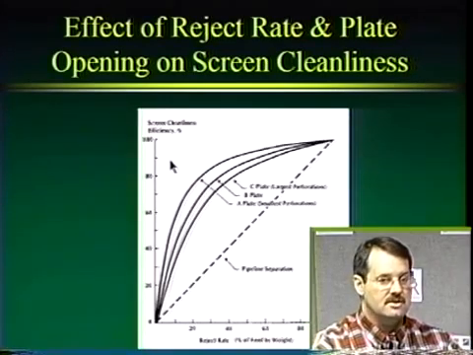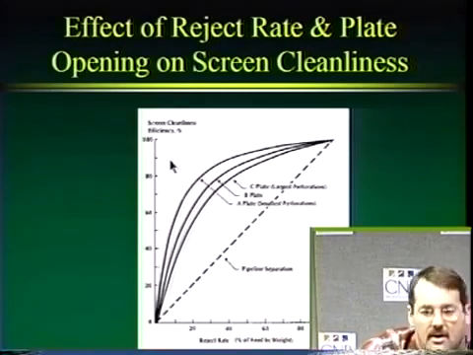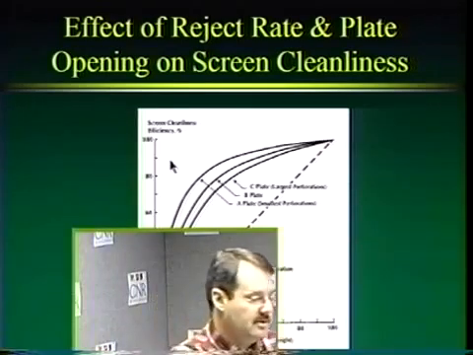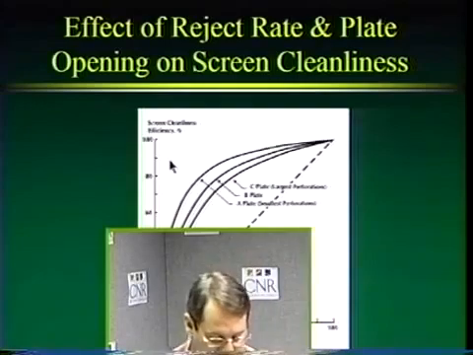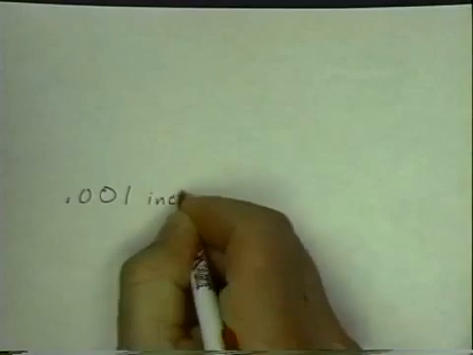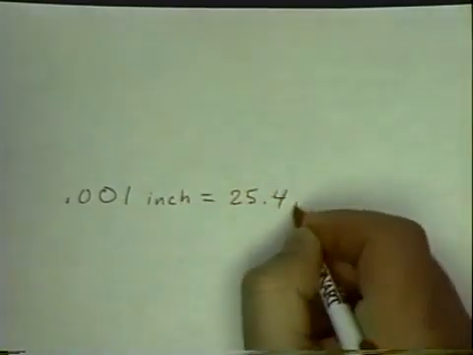There's a simple conversion, and maybe I'll write this on our document. Okay, so I'll zoom out. 0.001 inch is equal to 25.4 microns.